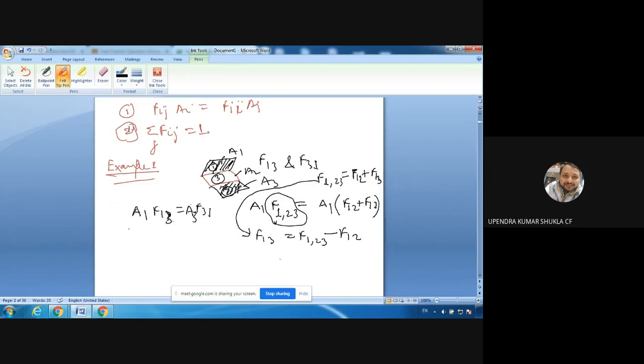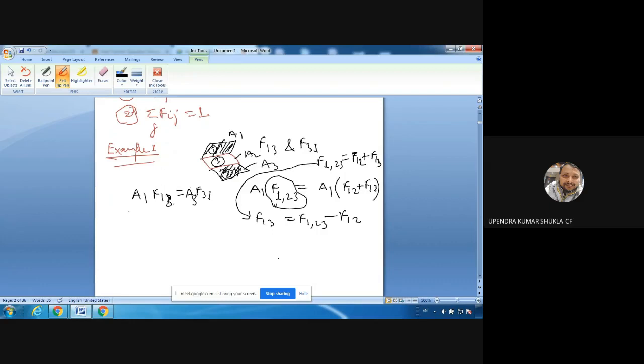Now to find F31 we use the reciprocity relation. How will we find F31? F13 we found out. Now for F31 we use the reciprocity relationship. So F31 times A3 is equal to A1 F13.